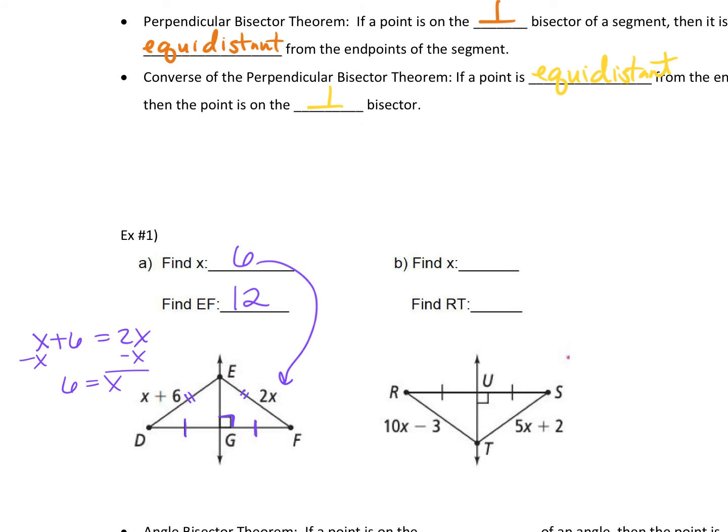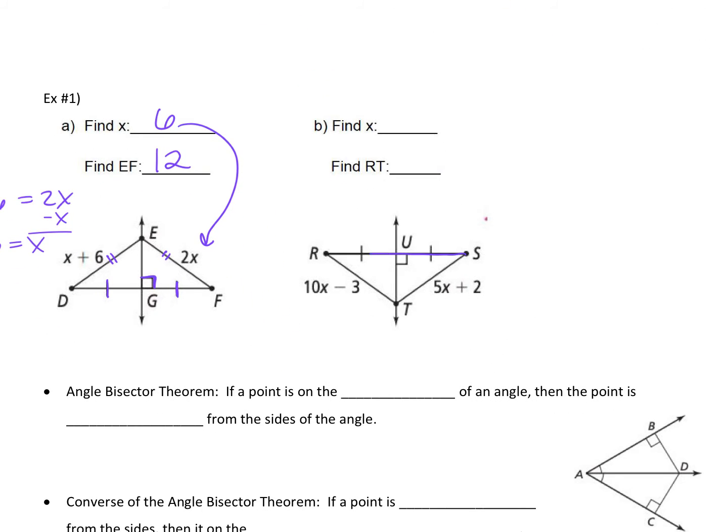Okay, look at letter B. You have a perpendicular bisector, right? So UT is the perpendicular bisector of RS. That means any point on UT is the same distance to R as it is to S. So what do we do? Set them equal. Take those two. 10x minus 3 has to equal 5x plus 2. So take away the 5x and add the 3 and divide by 5.